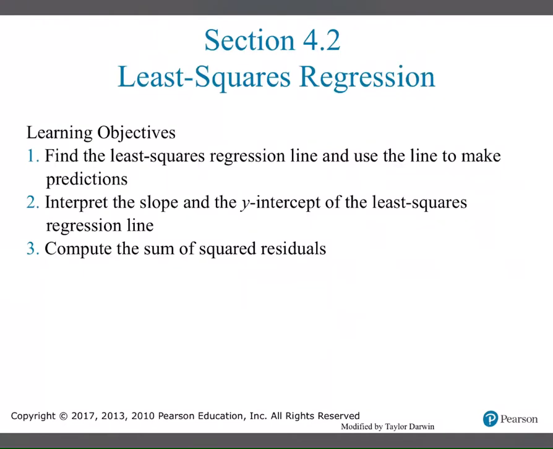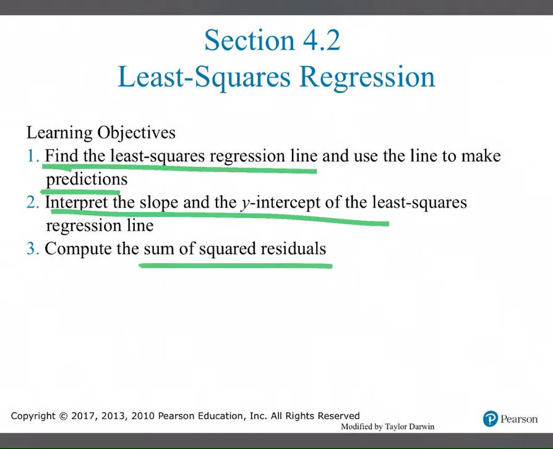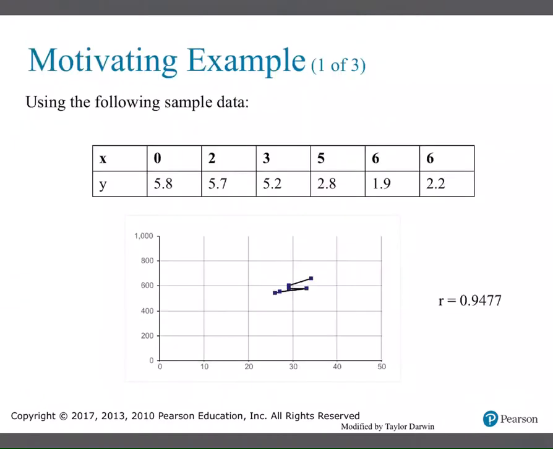In 4.2, we are talking about the least squares regression. So we're going to figure out how to find that least squares regression line and use that line to make predictions, figure out what the slope and the y-intercept mean, and then compute the sum of squared residuals.